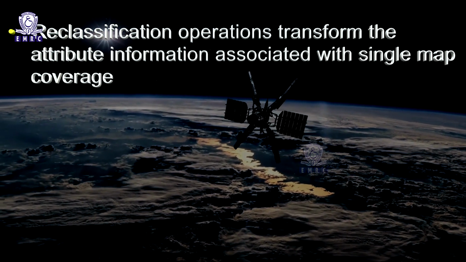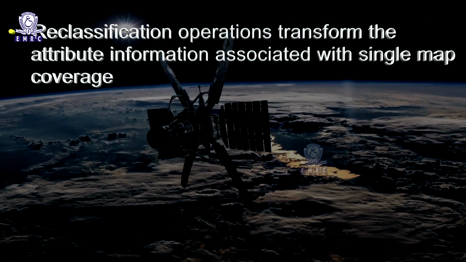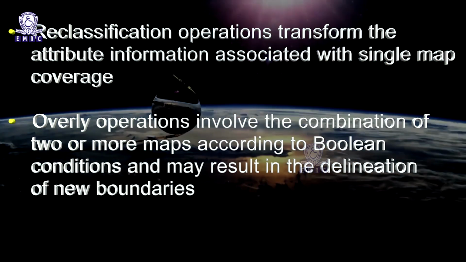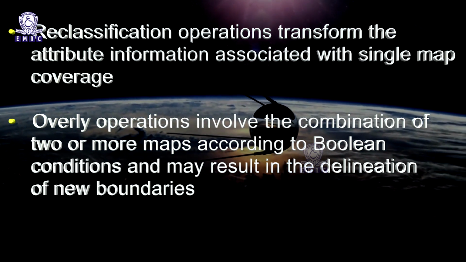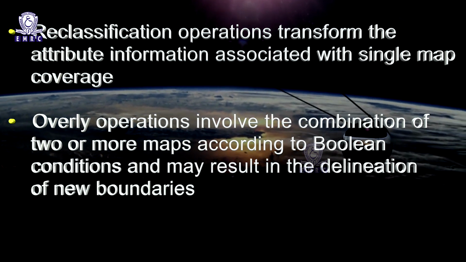Reclassification operations transform the attribute information associated with a single map coverage. Overlay operation involves the combination of 2 or more maps according to Boolean conditions and may result in the delineation of new boundaries.